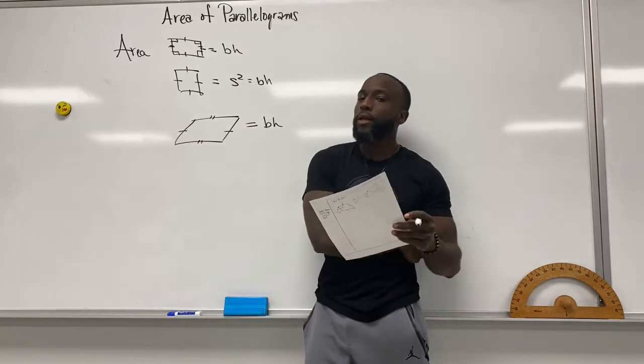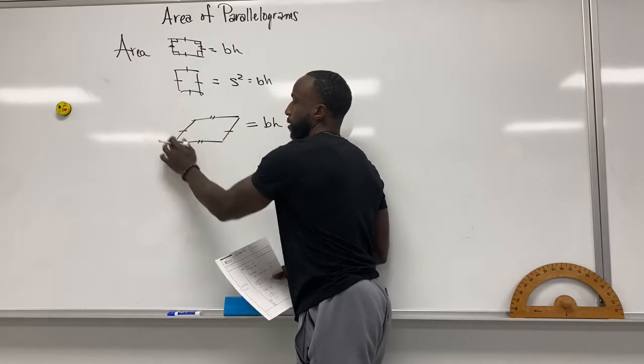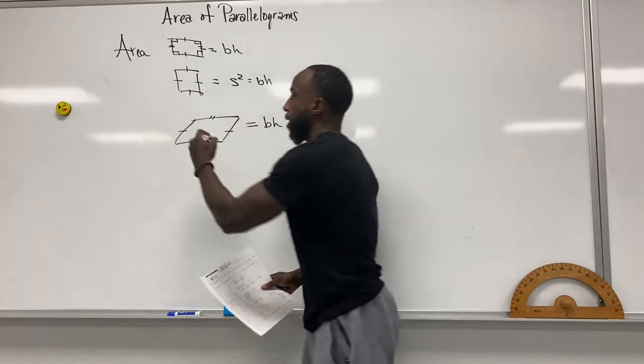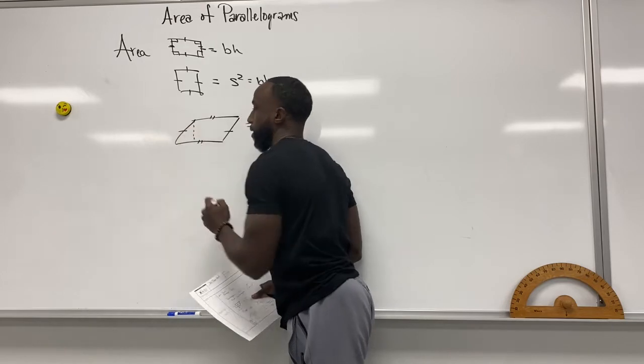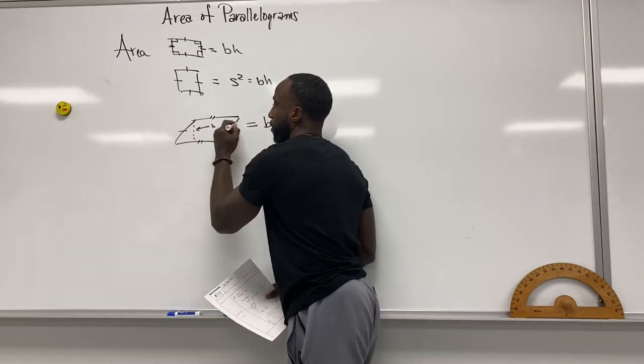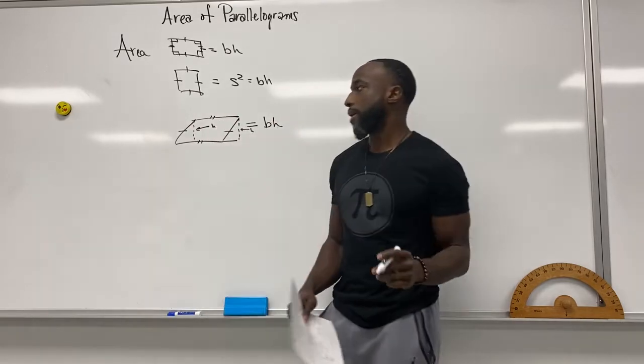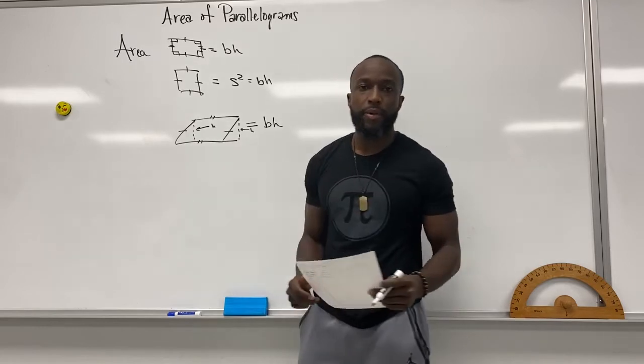But your height usually is not visible. Your height is going to be like an altitude. So sometimes your height is going to be here, or your height will be given to you on the outside. So this is where your height is in a parallelogram.